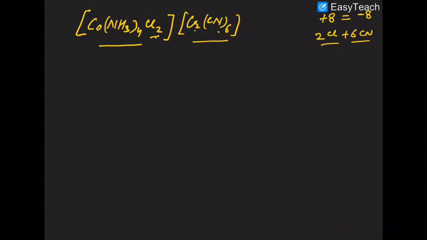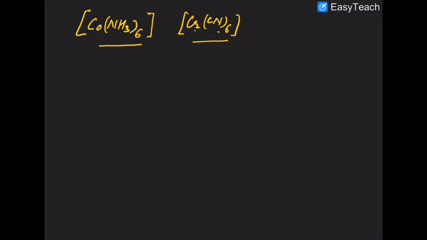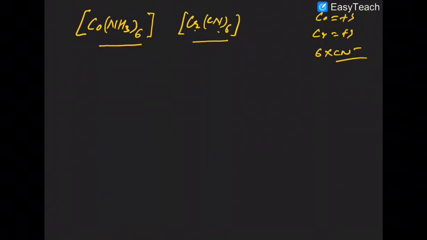So how will you distribute that? Here you can see that 2 different metals are there. Both are in +3 state: cobalt in +3 state and chromium in +3 state. Why? Because there are 6 cyano groups, each carrying charge of -1, so the +3 charge will be evenly distributed. So the cationic complex should be like that and the anionic like that.